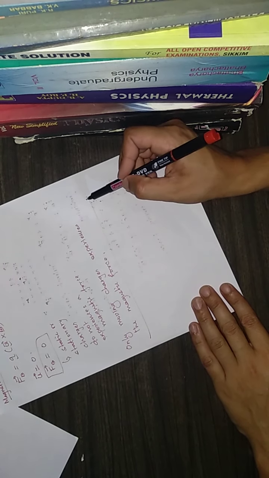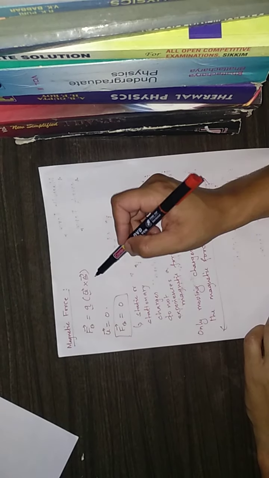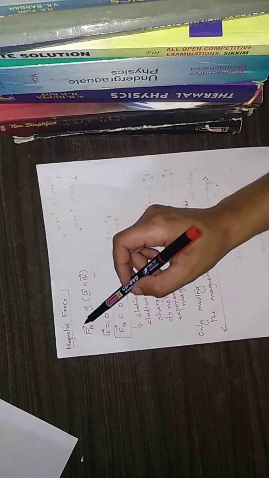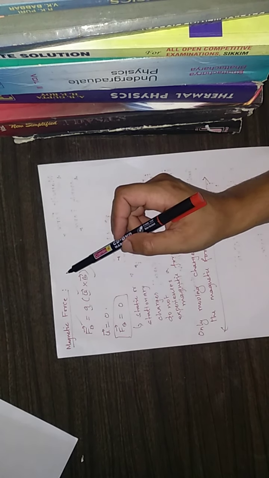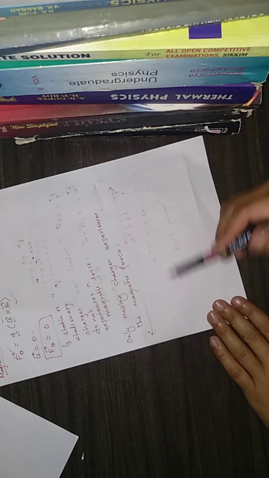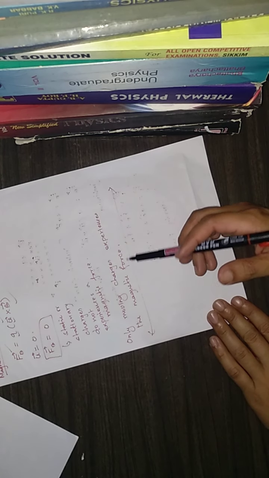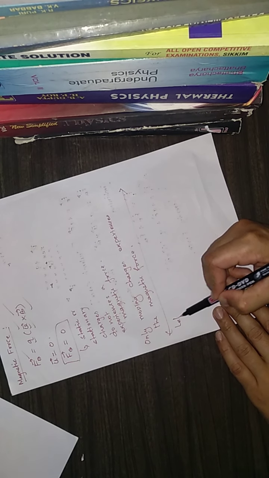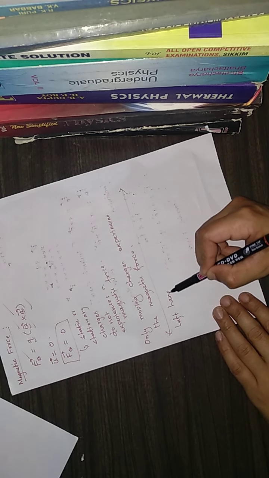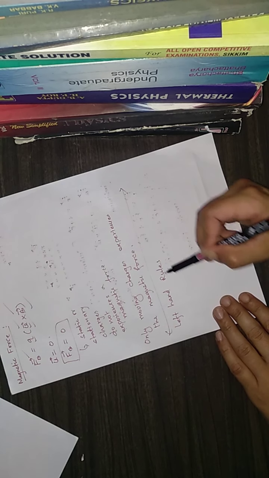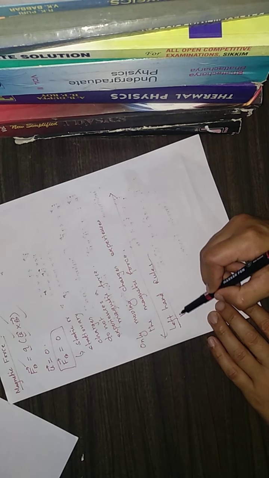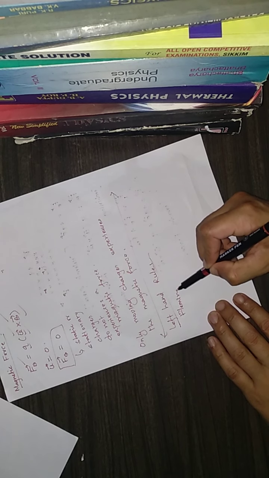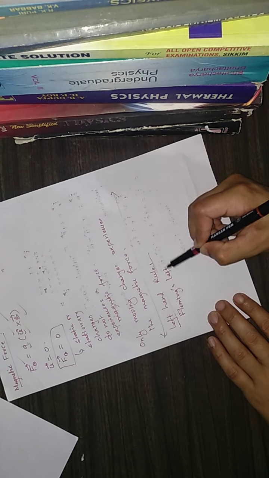Since in this particular relation all quantities are vector quantities, force is a vector quantity, velocity is a vector quantity, and magnetic field is a vector quantity, there is a rule to remember the direction of the respective vector quantities, and that is known as the left hand rule, or it is also known as Fleming's left hand rule.